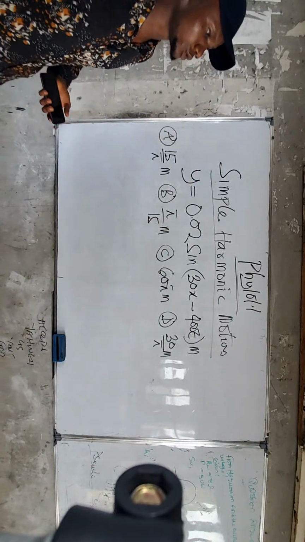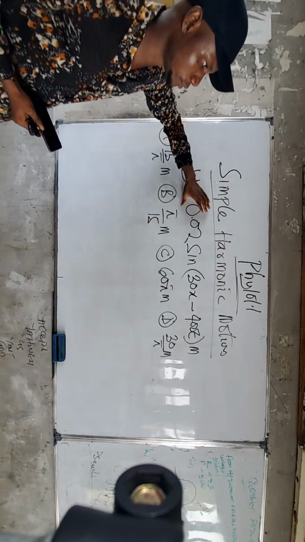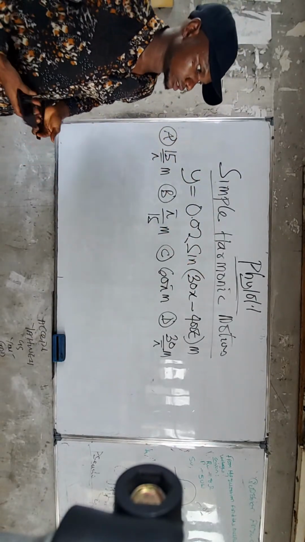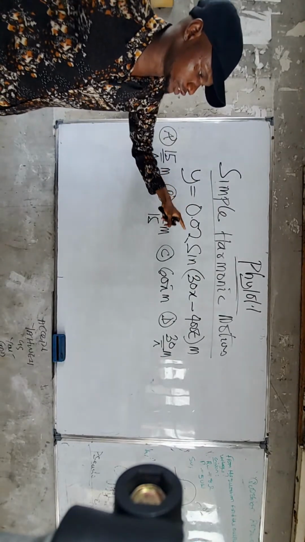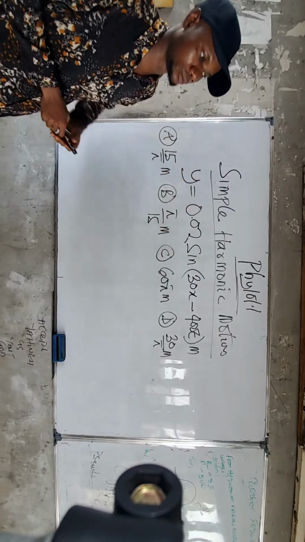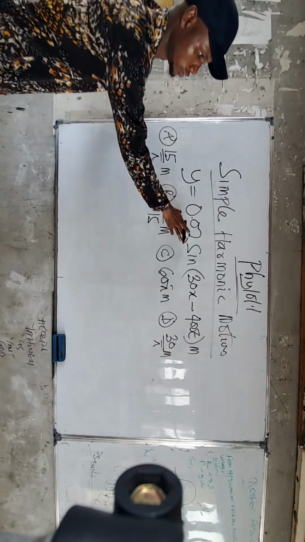Now, whenever I see a question like this, class, on simple harmonic motion equation, all you have to do is to compare the given equation to the standard equation in terms of simple harmonic motion. So what is the standard equation relating to this simple harmonic motion?